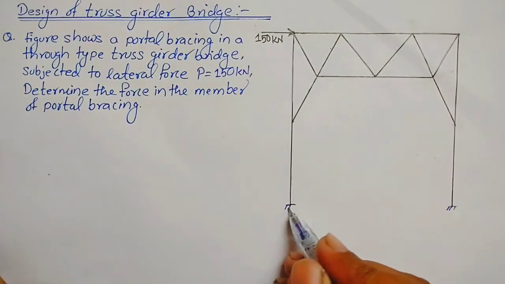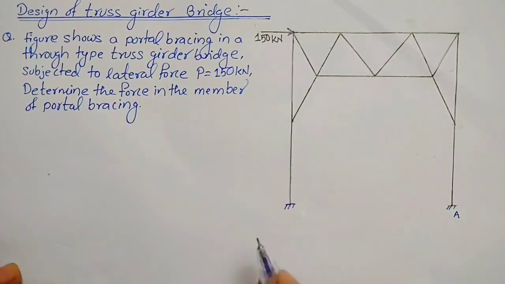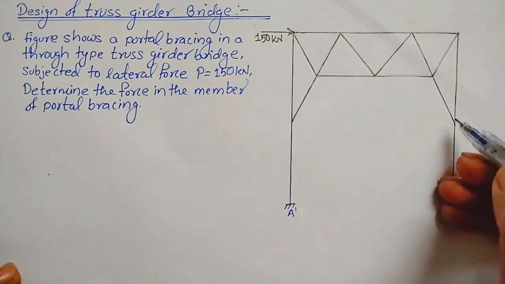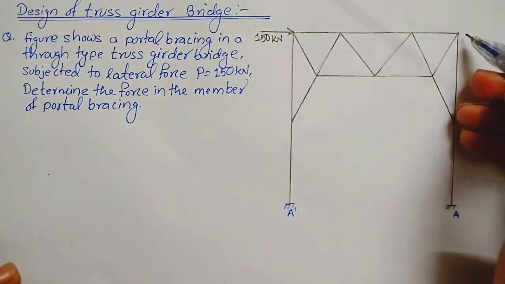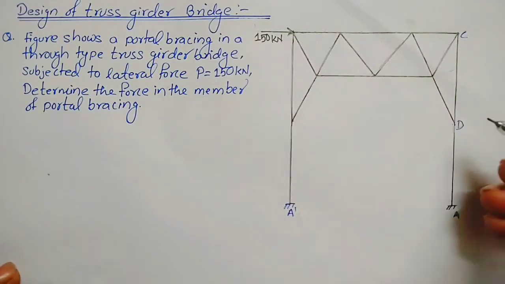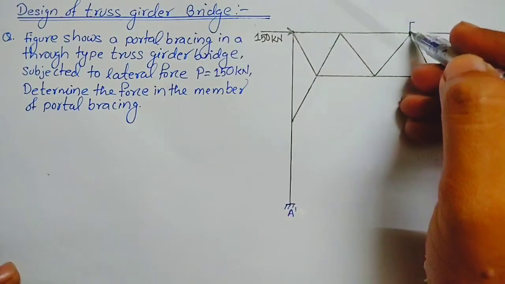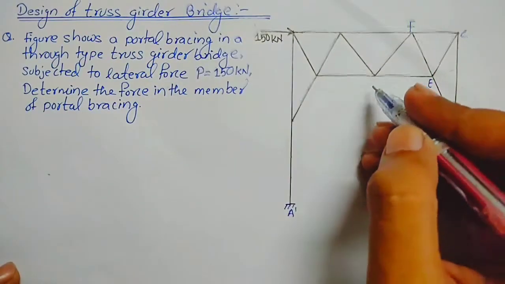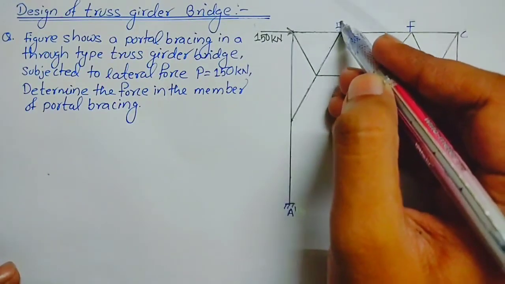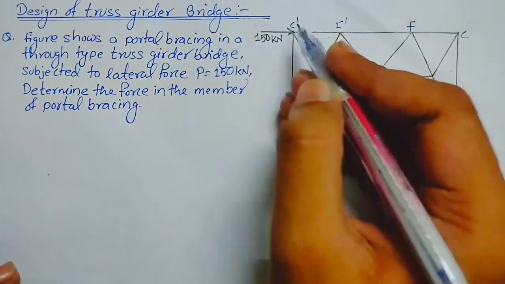The supports are fixed supports, and let this support be denoted by A. Similarly, this support be denoted by A dash, and let this joint be denoted by C, this by D, E, F, G, and let this joint be denoted by F dash, and this joint by C dash.